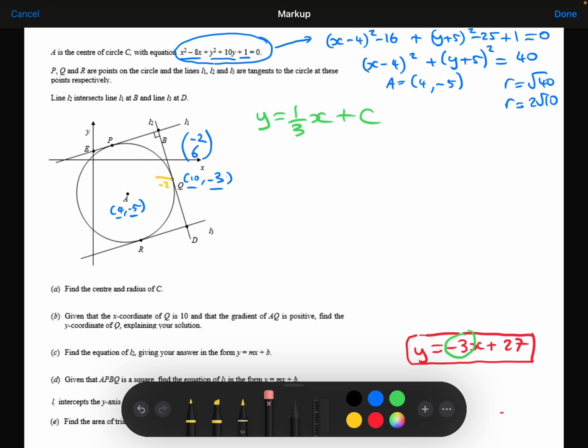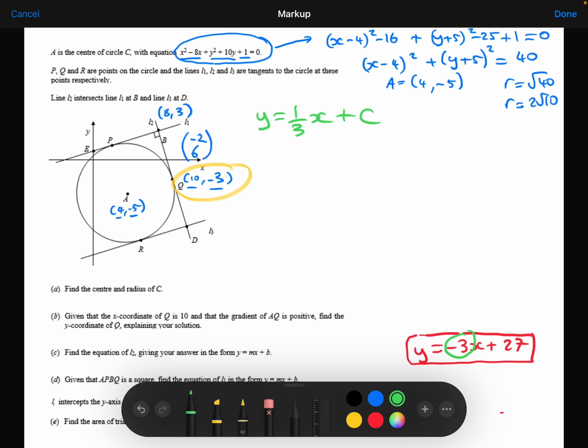So that allows me to work out the coordinates of point B, because I know the coordinate of Q there. So if I subtract 2 from the x coordinate there, I get 8, and if I add 6 to the y coordinate, I get 3.